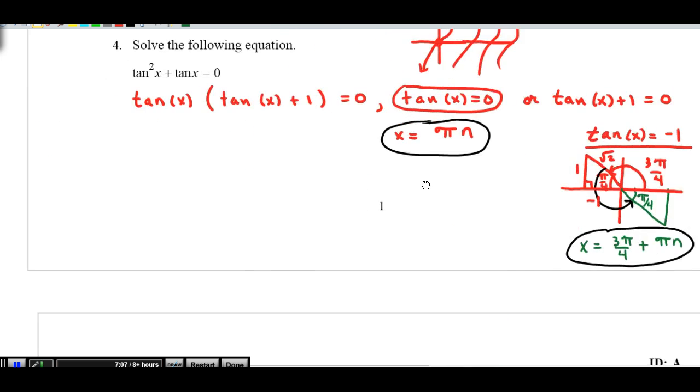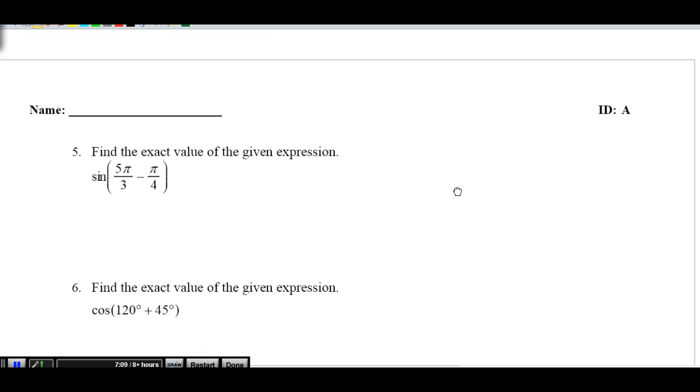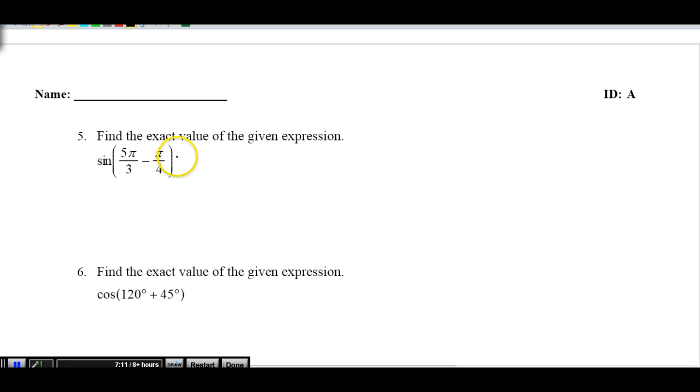Okay, the next problem is problem number 5. And in this case, I have to use the sine sum formula. So this is equal to the sine of 5 pi over 3 times the cosine of pi over 4 minus the sine of pi over 4 times the cosine of 5 pi over 3.